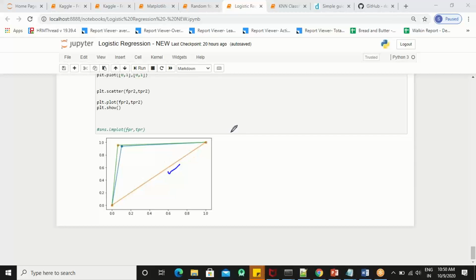तो ये एक रेफरेंस लाइन है बस, कि इसके ऊपर ही सारे मॉडल्स होने चाहिए, क्योंकि इसके नीचे या इस पे अगर कोई मॉडल फॉल कर रहा है तो इट इज नथिंग बट लाइक अ रैंडम गेस. इफ सम मॉडल इज फॉलिंग लाइक दिस, सो इट्स लाइक you can say 0.5 accuracy, right? This line denotes 0.5 accuracy of your model. 50% accurate.